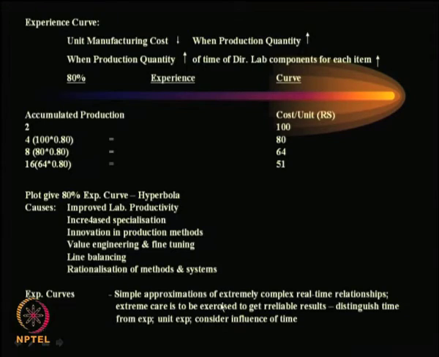So, in other words, what are we trying to say? We are trying to say the company should make use of the learning process of the workers to come out with products at lower costs. When you come out with lower cost products at lower manufacturing costs, then it is possible that you may be able to compete better in this competitive marketplace.